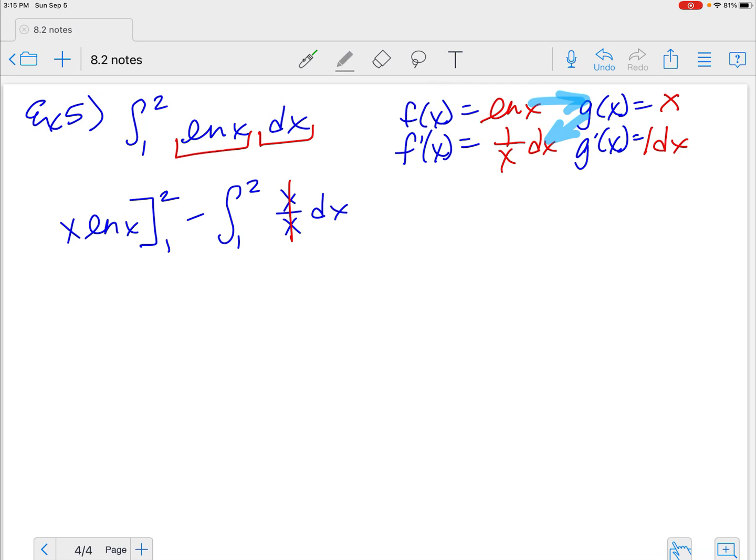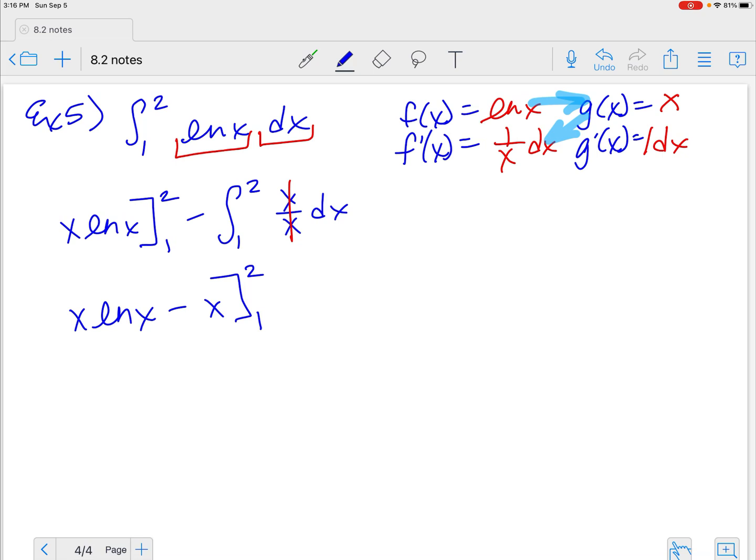So the antiderivative of 1, now I don't do the fundamental theorem of calculus here. We do it all at once because it just makes the most sense. So I have x natural log of x minus the antiderivative of 1 is x, and I am taking that from 1 to 2.